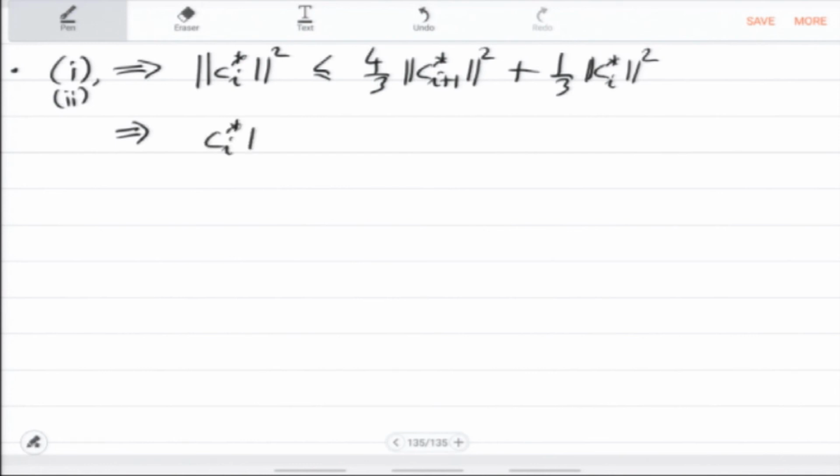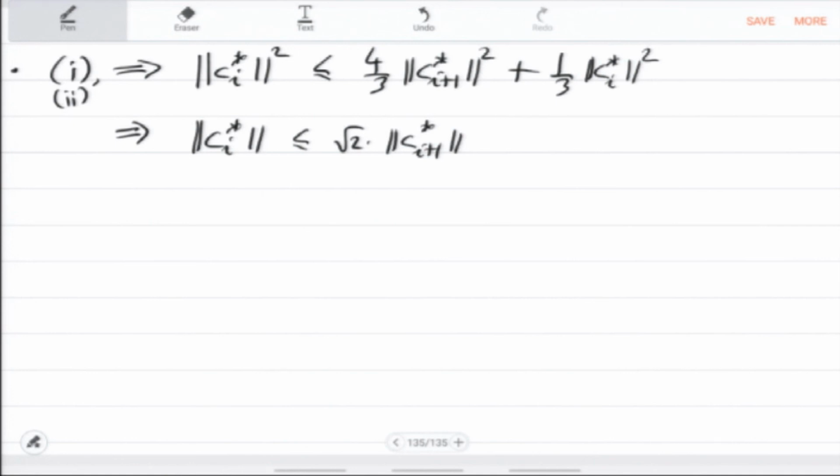Ci star is at most square root 2 times Ci plus 1 star, which is again saying the thing that I was saying before, that Ci plus 1 star is not much smaller than Ci star, and equivalently Ci star is not much bigger than Ci plus 1 star.